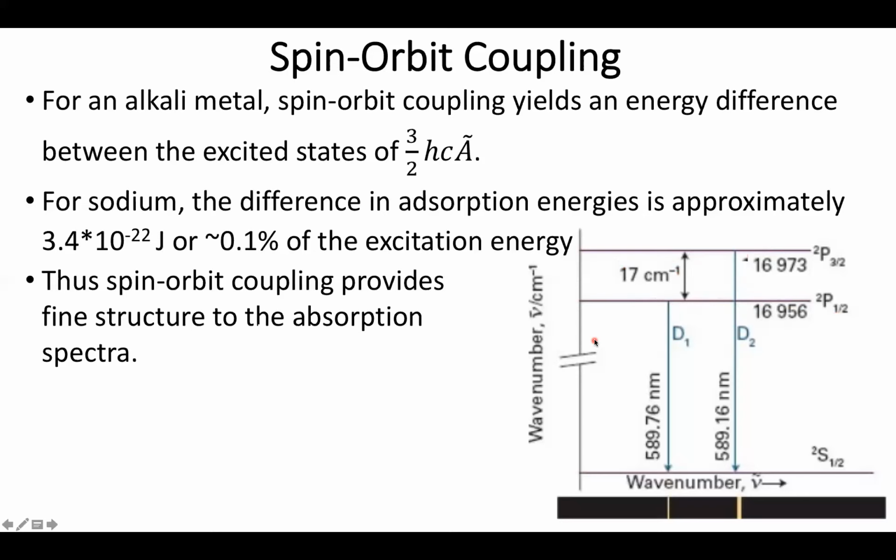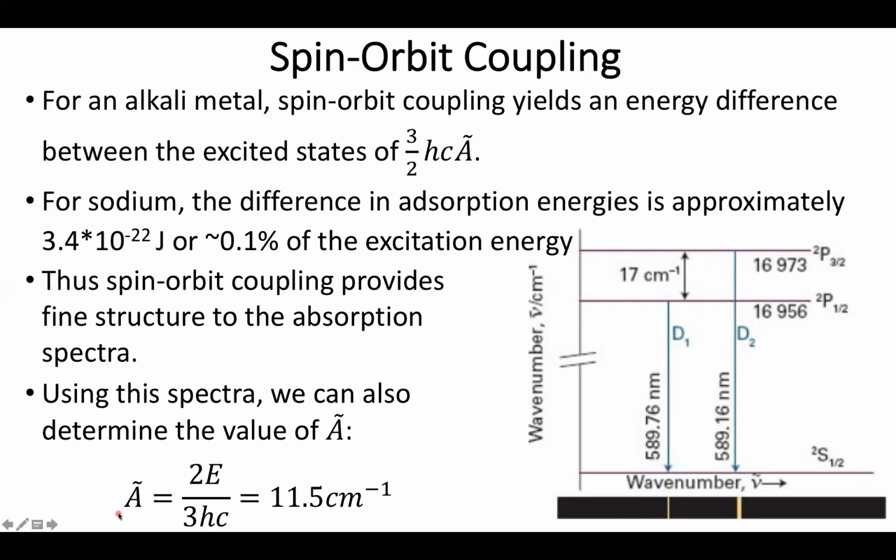But one of the last things I want to leave you with is this idea of how I can, first of all, determine my spin orbit coupling constants and what sort of relative magnitudes I expect for these values. So what I can do is rearrange my equation for the change of energy equaling this 3/2 hc alpha, and then rewrite this as the spin orbit coupling constant is equal to 2 times the difference in energies over 3/2 hc.